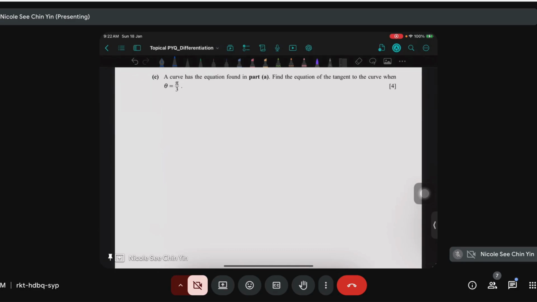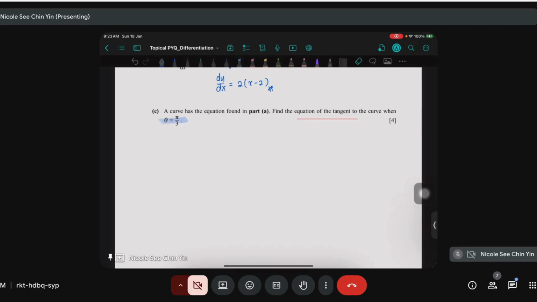Okay, a curve has the equation found in part A. They said find the equation of the tangent when theta equals pi over 3. Now, for this question I'm going to use my dy dx to work on it. But my dy dx consists of x.